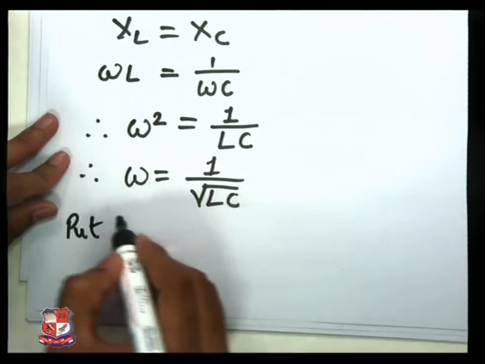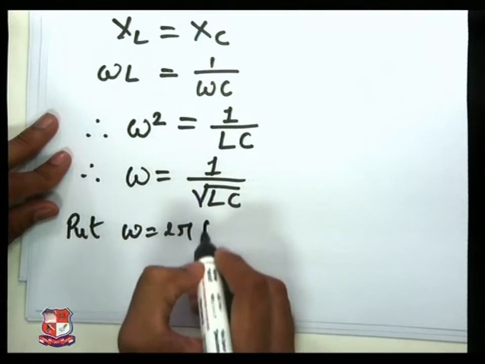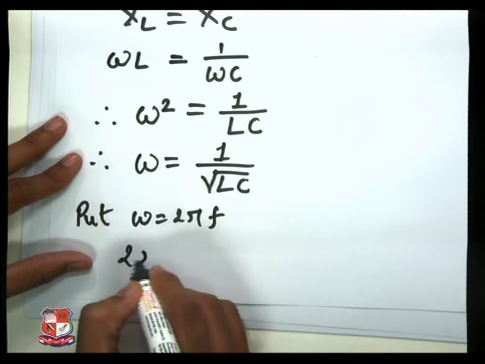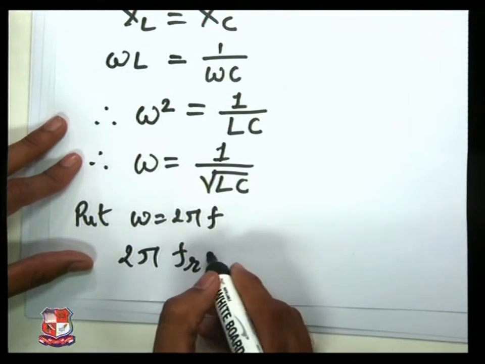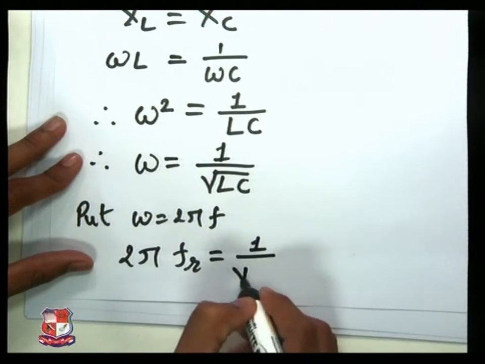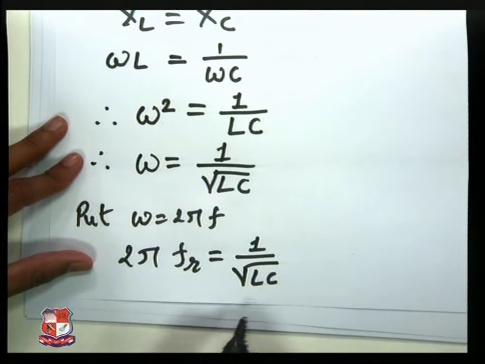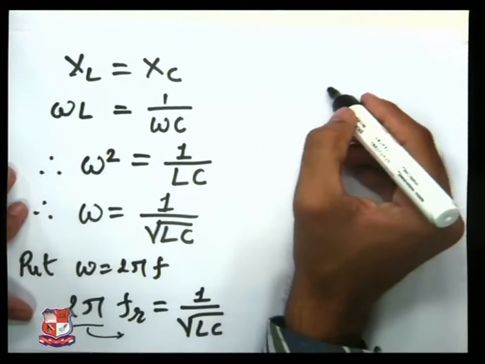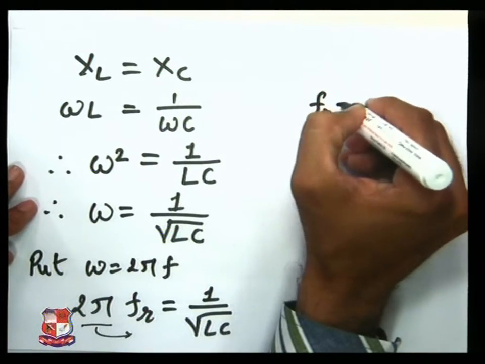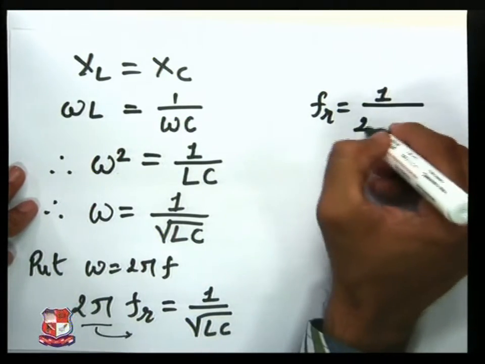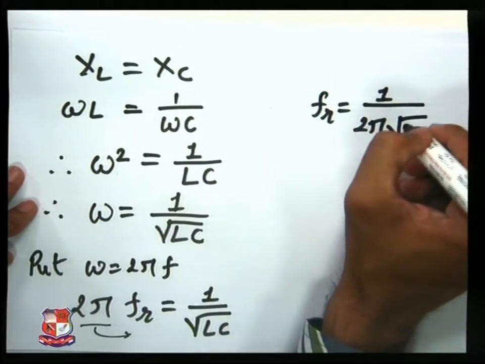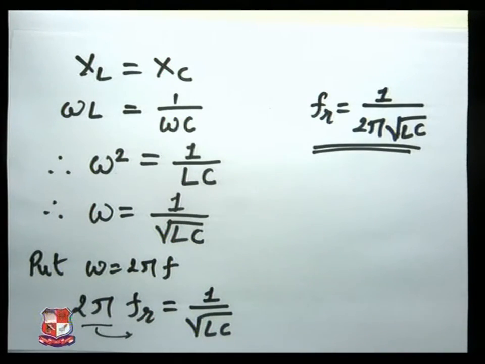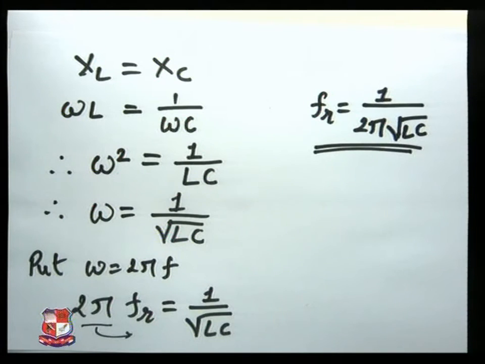Now put omega equal to 2 pi f, and as it is the resonance frequency, 2 pi fr equal to 1 upon root LC. Here 2 pi goes to the denominator, so the series resonance frequency is Fr equal to 1 upon 2 pi root LC.